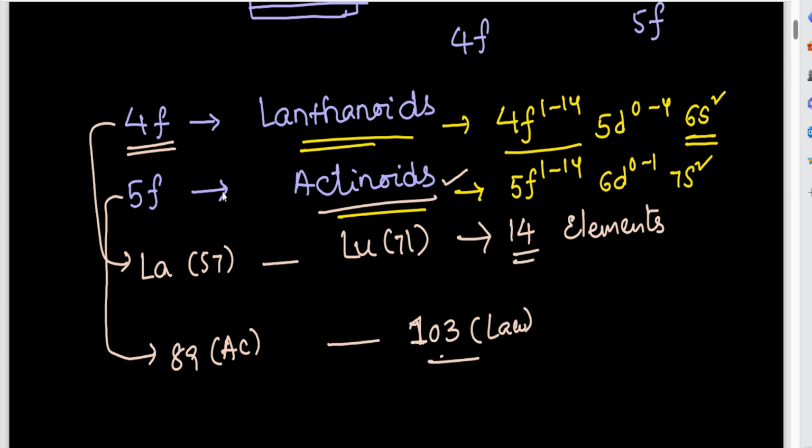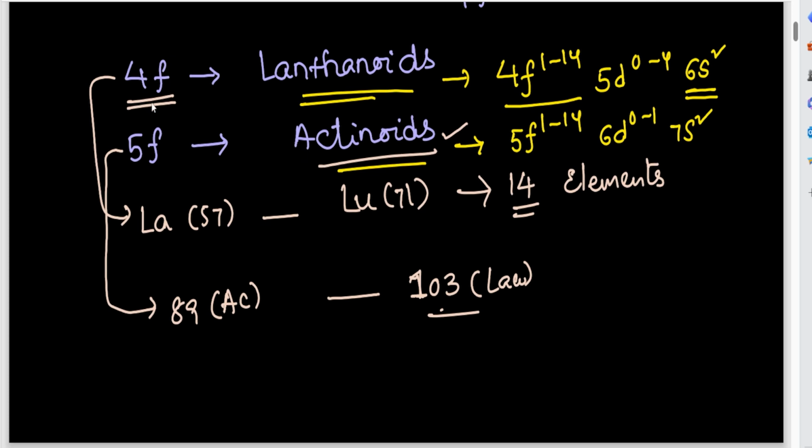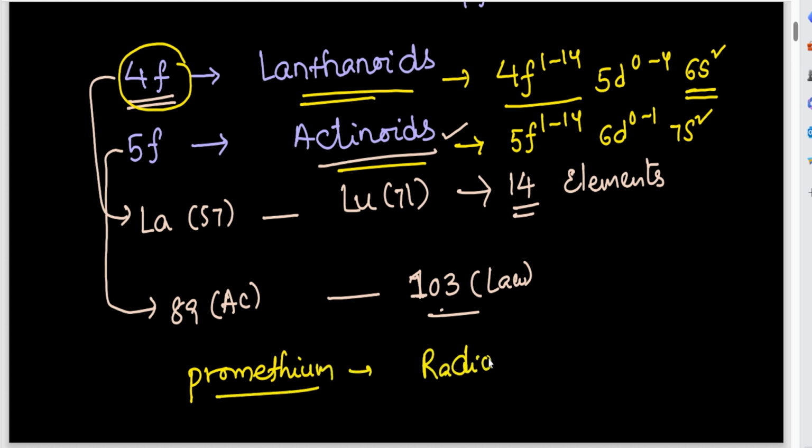Is it okay? Especially the lanthanoids contain a total of 14 elements, right? Among the 14 elements, only one element, promethium, is a radioactive element. The remaining elements in the 4F series are not radioactive.